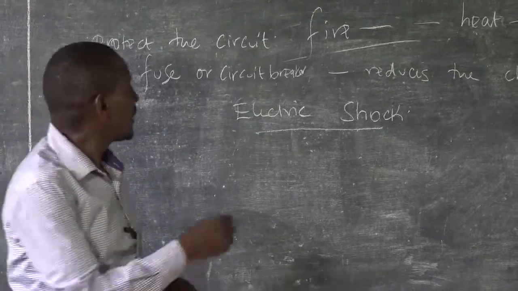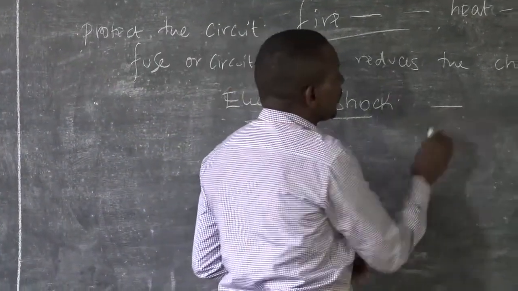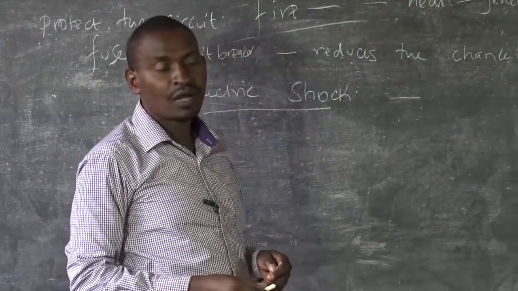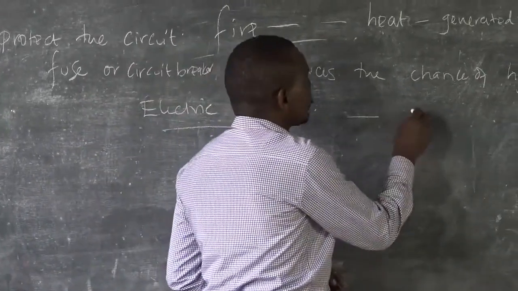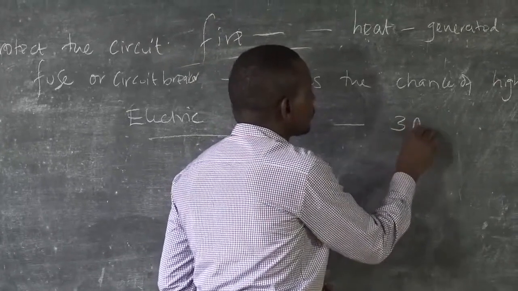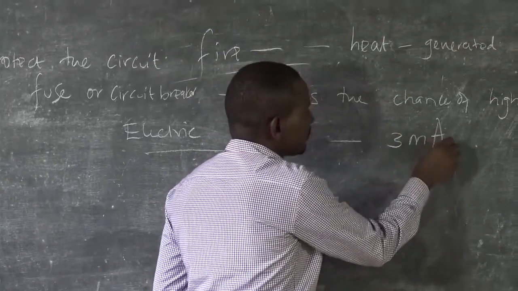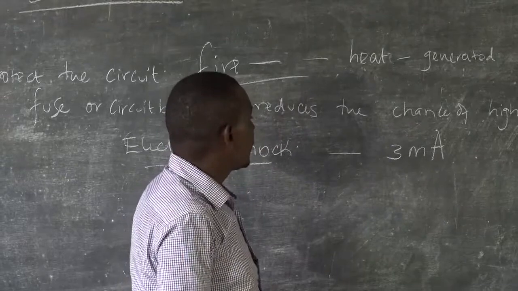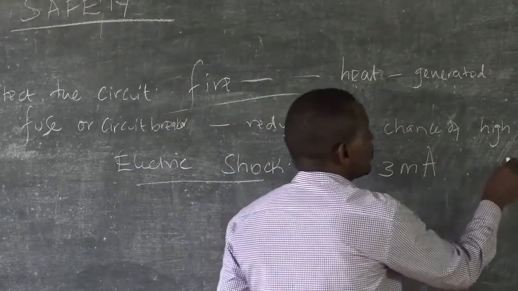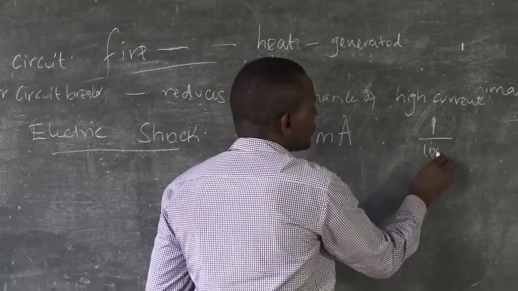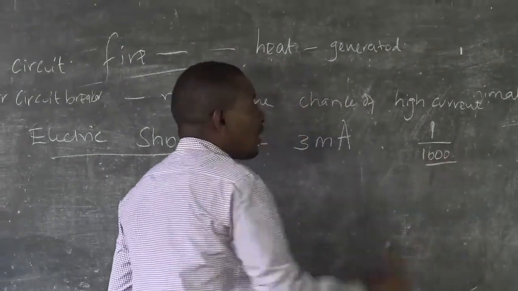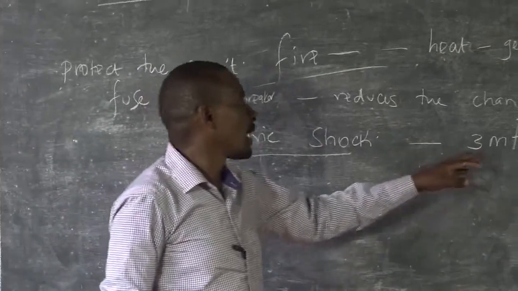For an electric shock to happen, the threshold of pain in electric current is 3 milliamperes. That is 1 ampere divided by 1000.